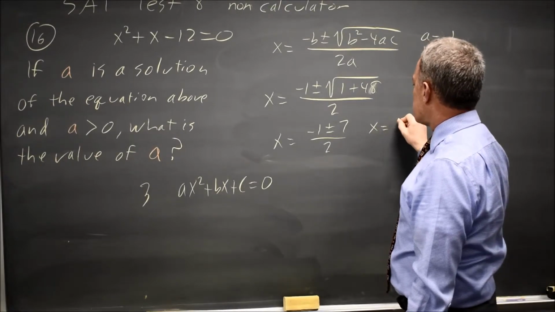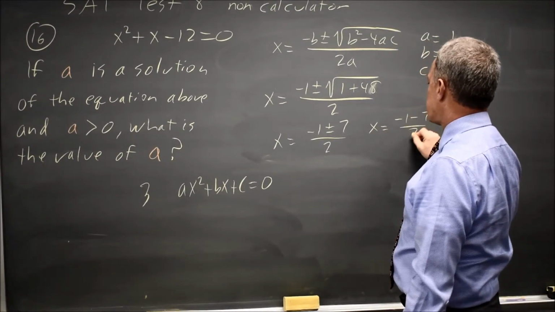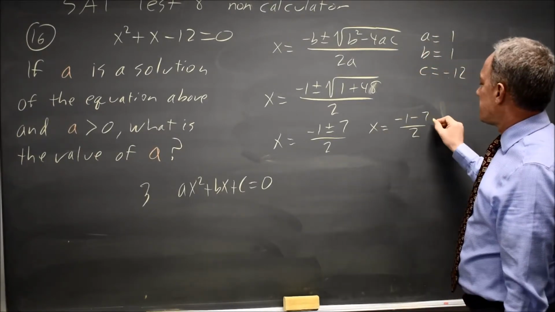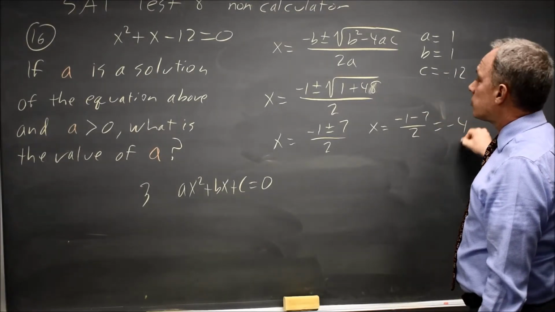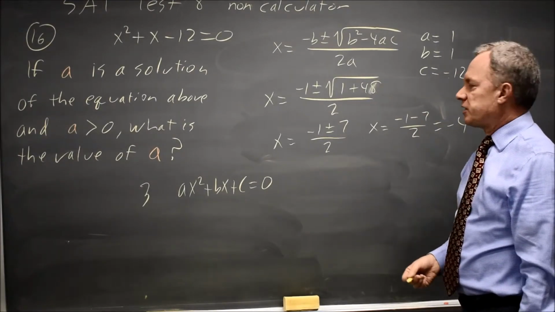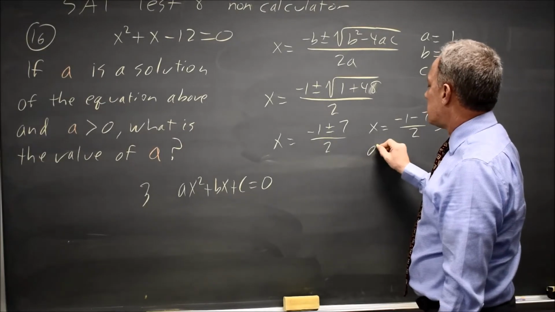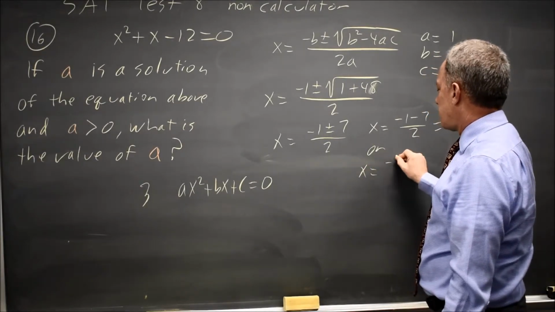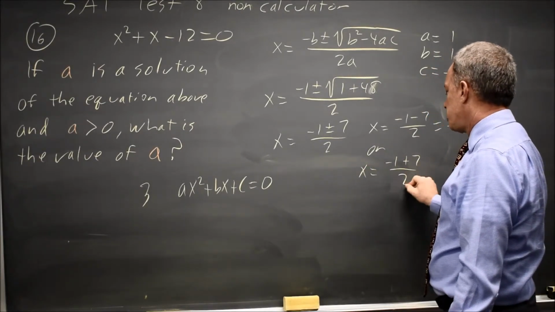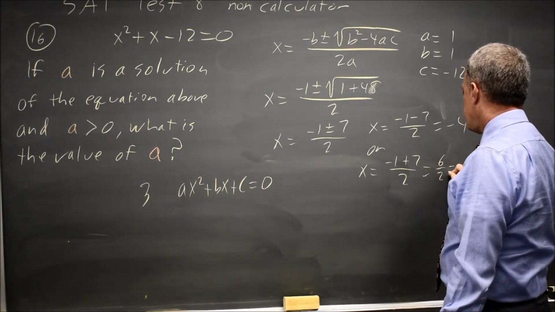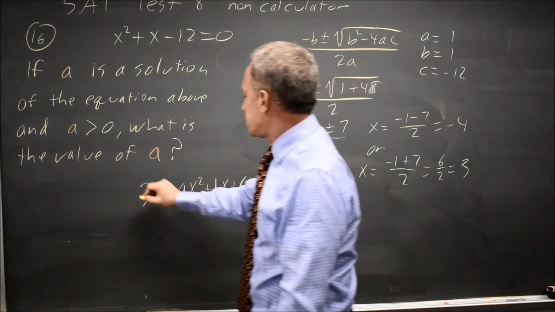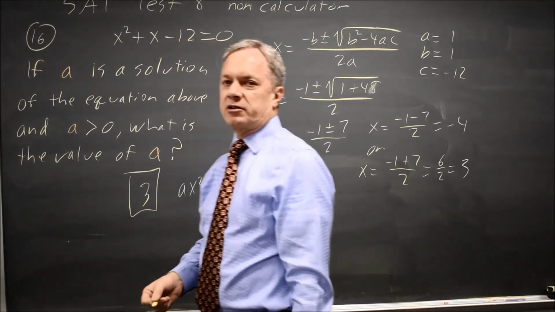So x equals negative 1 minus 7 over 2, which is negative 8 over 2, which is negative 4. But that's negative and they said the solution is positive. Or x equals negative 1 plus 7 over 2, which is 6 over 2, which equals 3. And that's the answer I found by factoring.